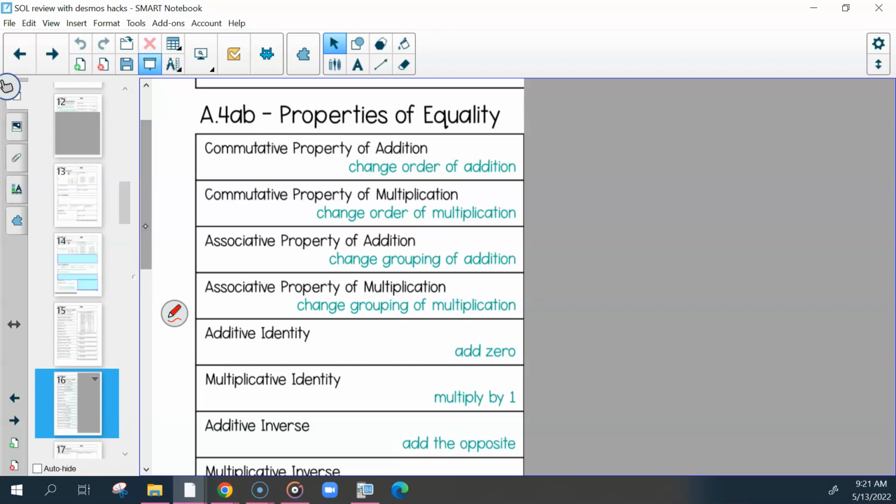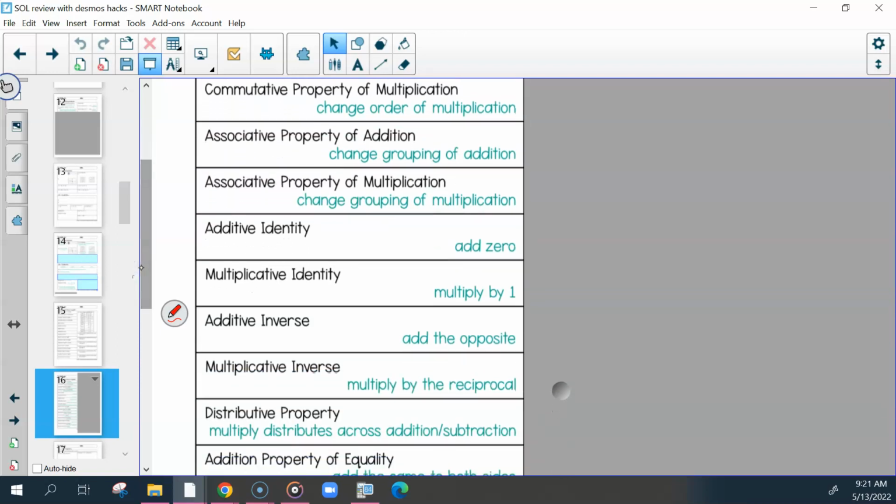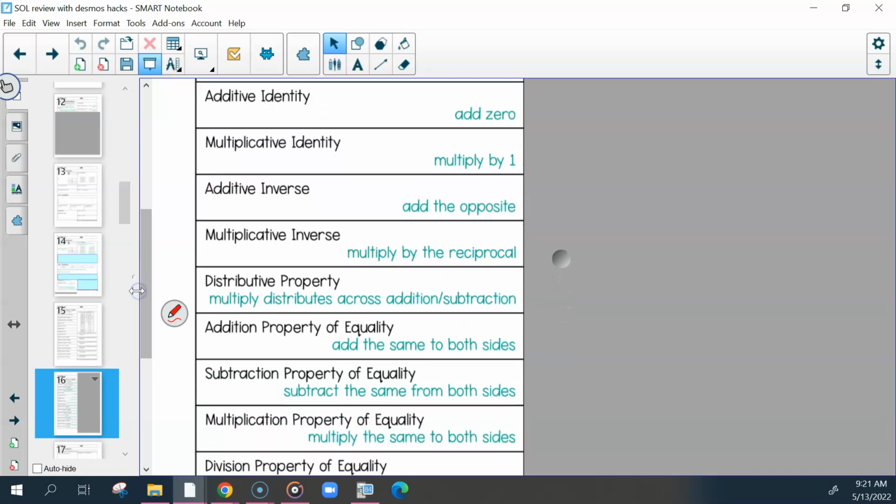Multiplicative identity is where you multiply by 1. Additive inverse is where you add the opposite. So if you have 3, you subtract 3, or if you have negative 3, you add 3. Multiplicative inverse is where you multiply by the reciprocal. Distributive property, multiplication distributes across addition or subtraction.